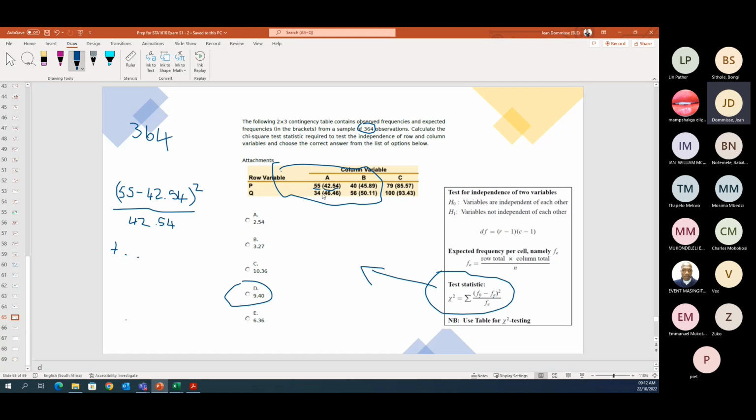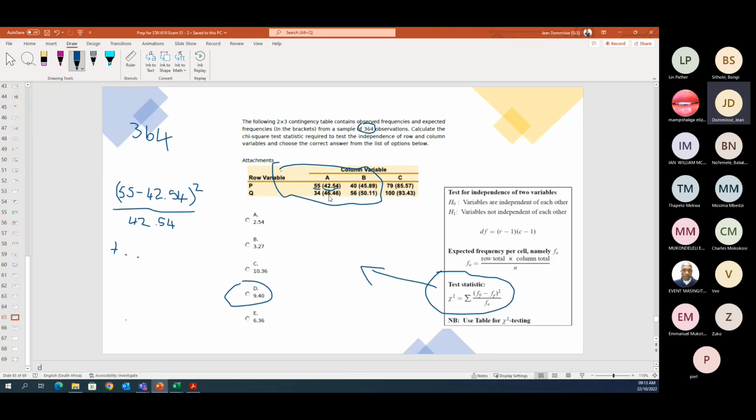They will also, like in this instance, give you the expected. They will not only give you the observed in the exam and then you still need to work out the expected. They will also not do that, so you don't need to worry that in that instance it will take long.